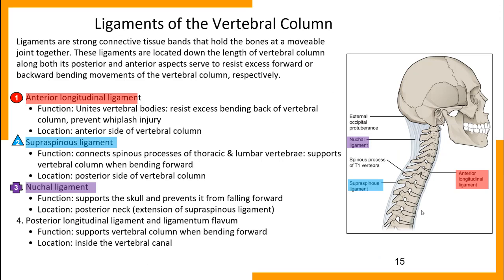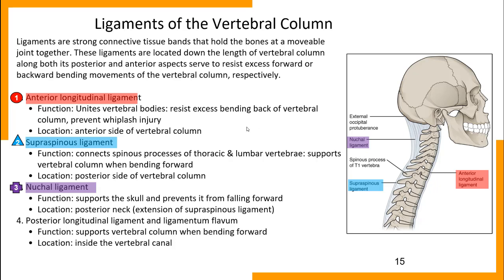So ligaments hold different bones together, bones that are next to each other. And because the vertebral column needs to be stable, there are quite a few different ligaments that hold the vertebral column together. So the first one is called the anterior longitudinal ligament.